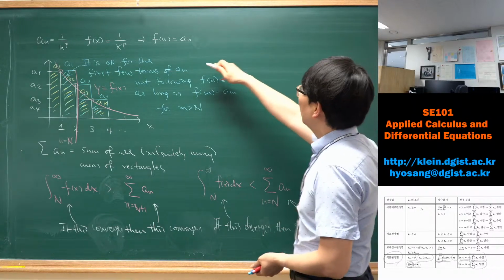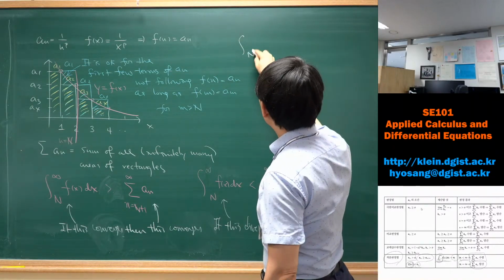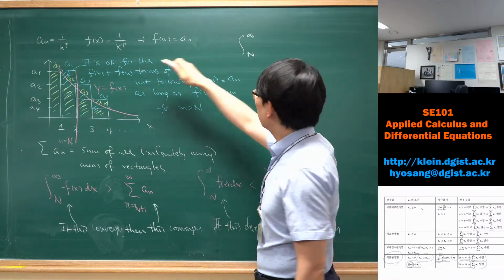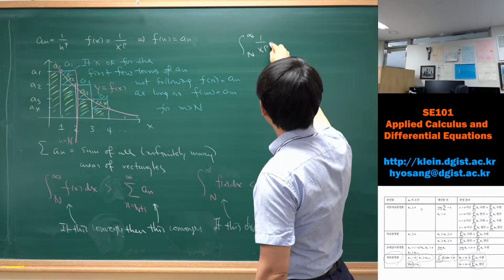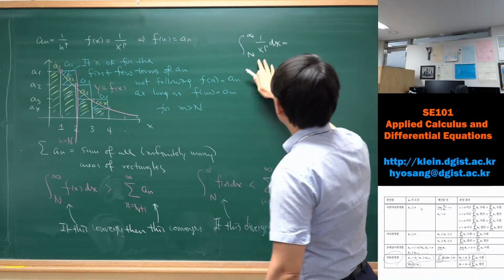So let's look at the improper integral of f of x equals 1 over x to the p, dx.